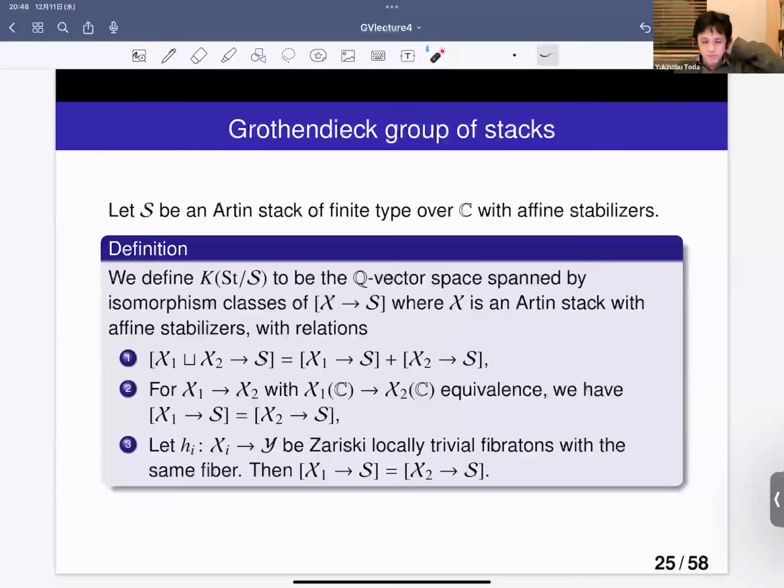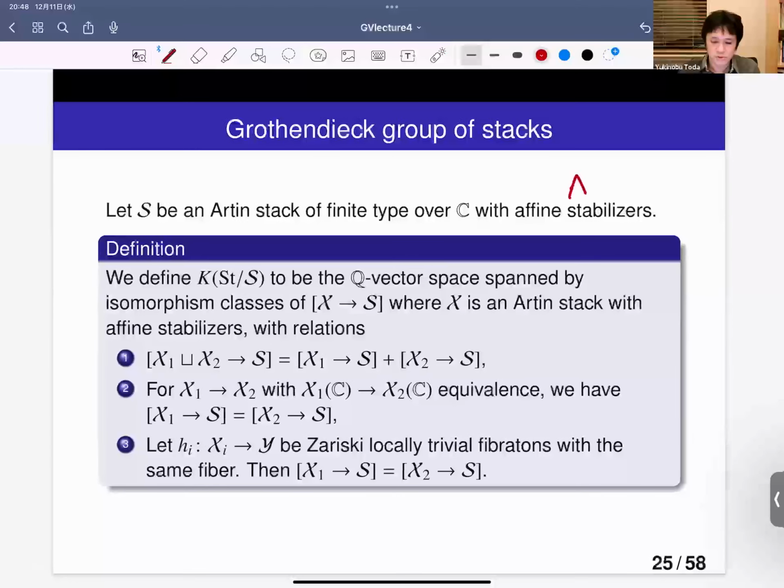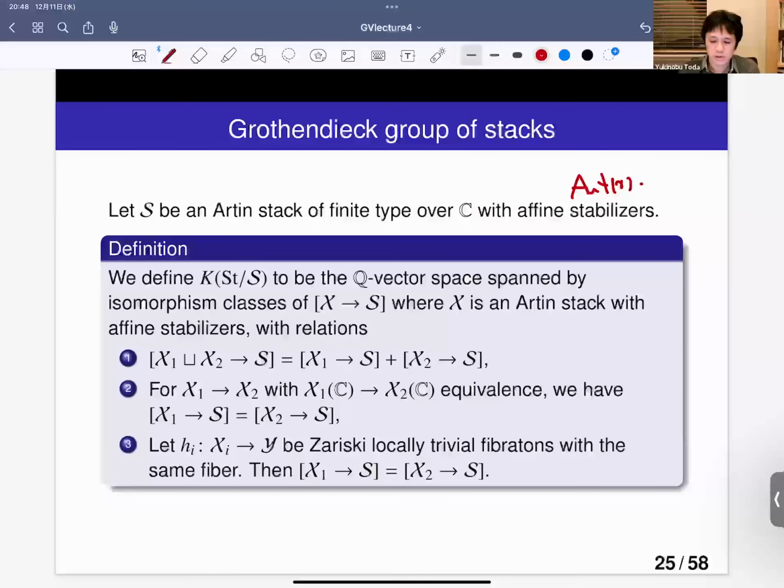First, I give the definition of the Grothendieck group of stacks. Let S be an Artin stack of finite type over complex numbers, and assume that it has only affine stabilizer groups. That is, for any geometric point x, assume that the automorphism group of x is affine. This is true in the usual context in DT theory. For example, if we consider the moduli stack of objects of coherent sheaves or derived categories, then this condition is always satisfied.